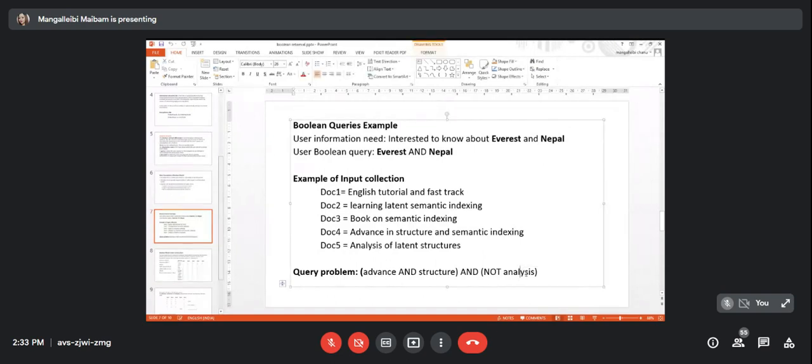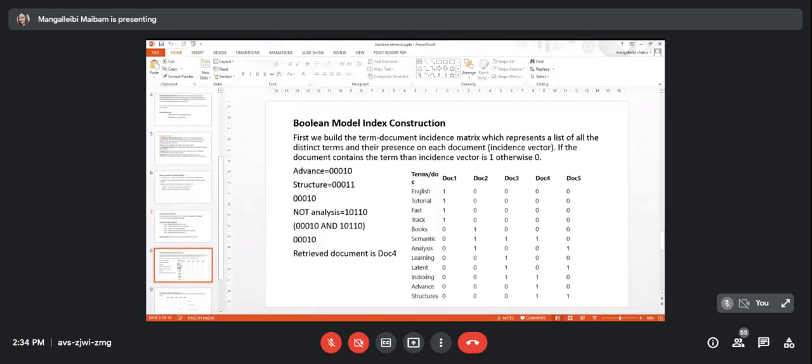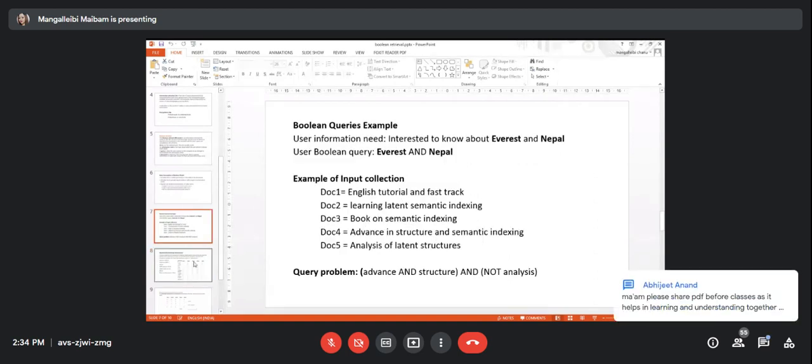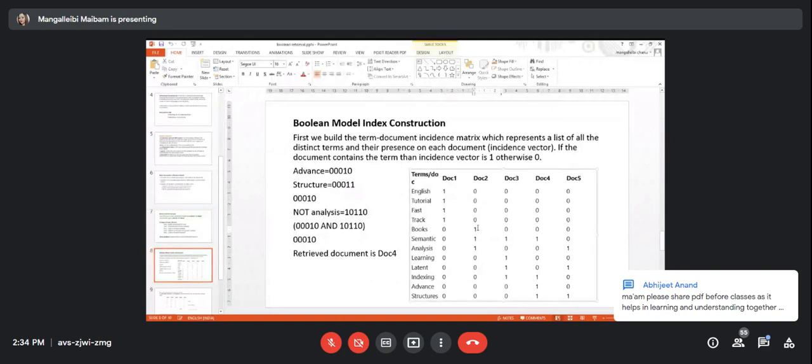The initial step is to construct a term-document incidence matrix. This matrix will give you the Boolean representation of the documents.